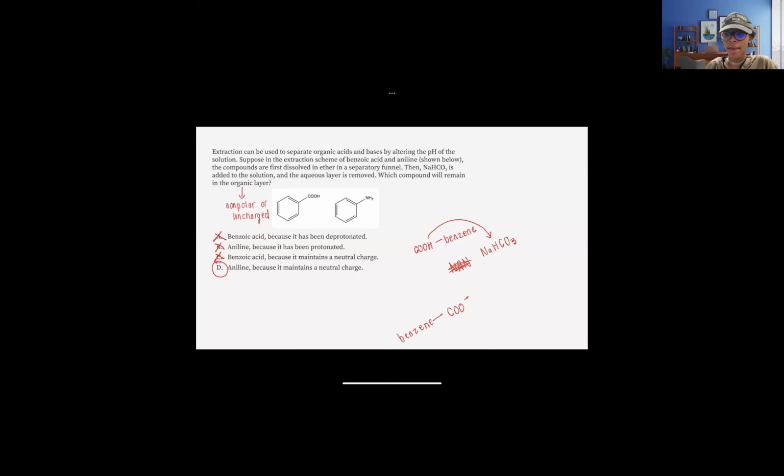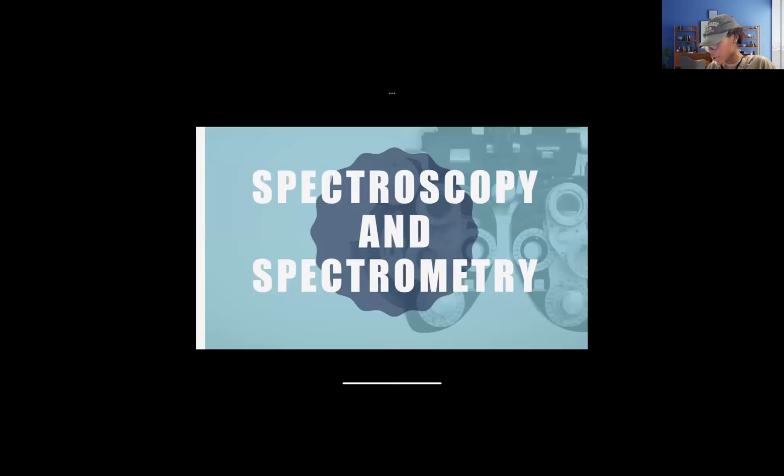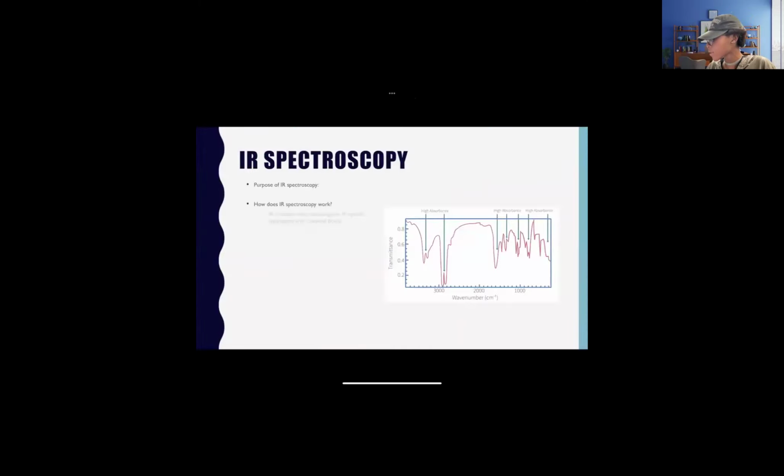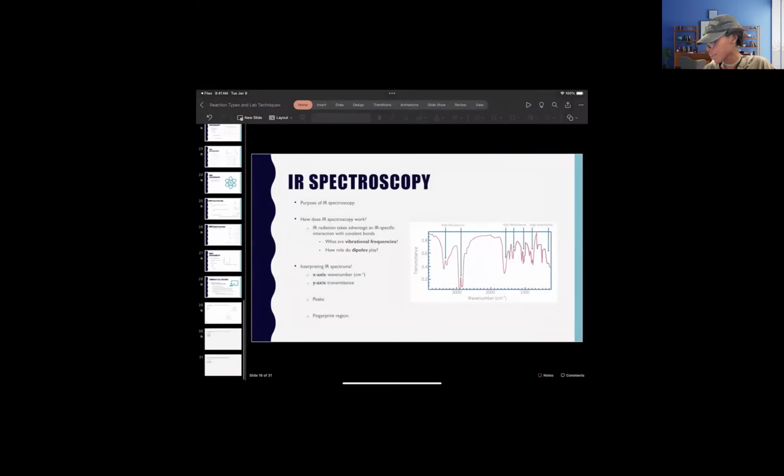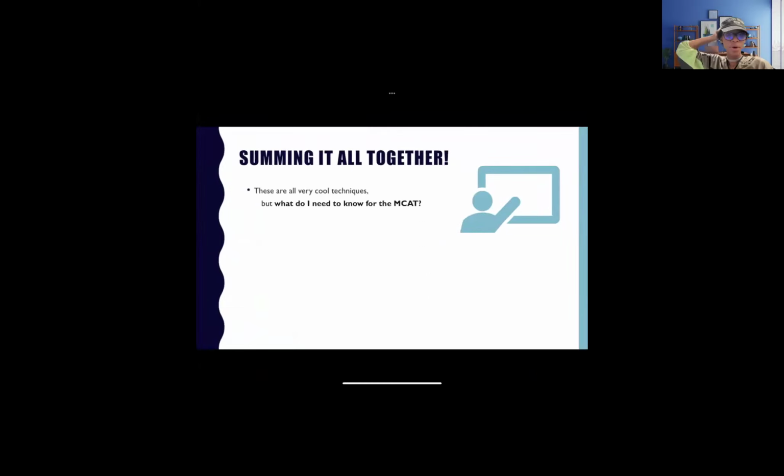Okay, so we are at time. There's an open content session for us to go over spectroscopy and spectrometry. But what I do want to switch over to before we close out is the very last slide I had, which is, what do you actually need to know for the MCAT in terms of everything that we would have gone over?